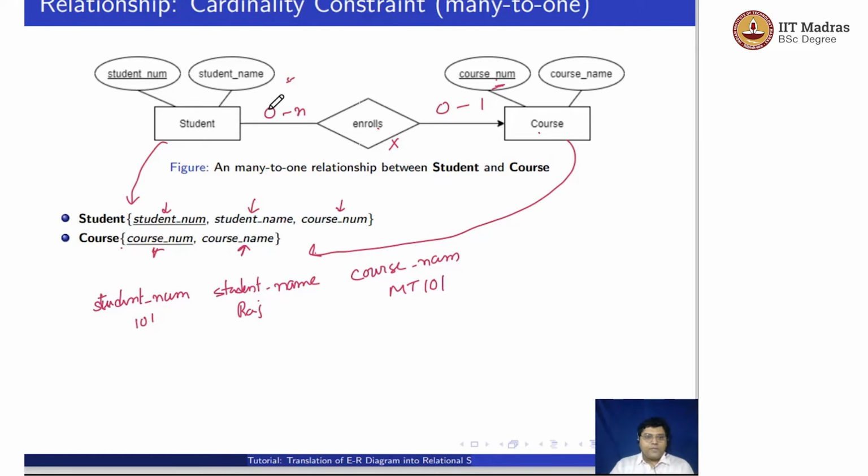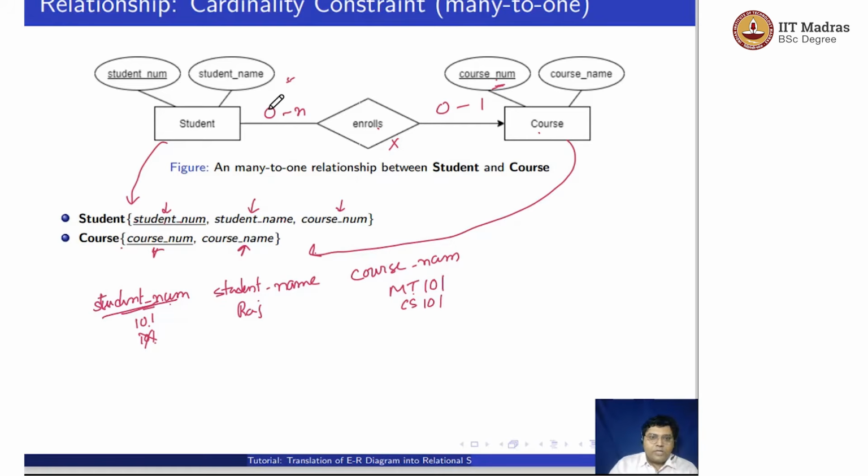Now see, as the student number is a primary key of this table, we cannot have another 101 entry so that I can associate it with CS101 or computer science, right? This is not possible, as there can be only one entry for 101 in the student table. This student number is a primary key. That means 101 can associate with one course only, or at most one course only.